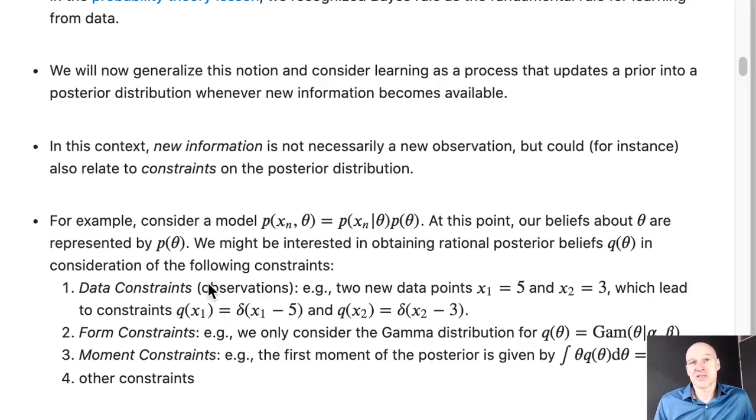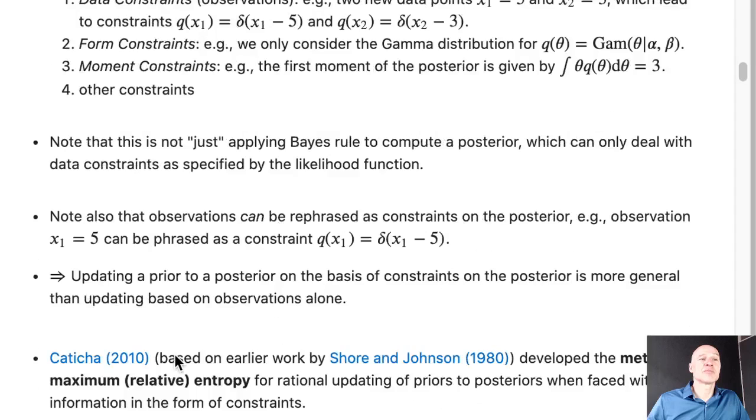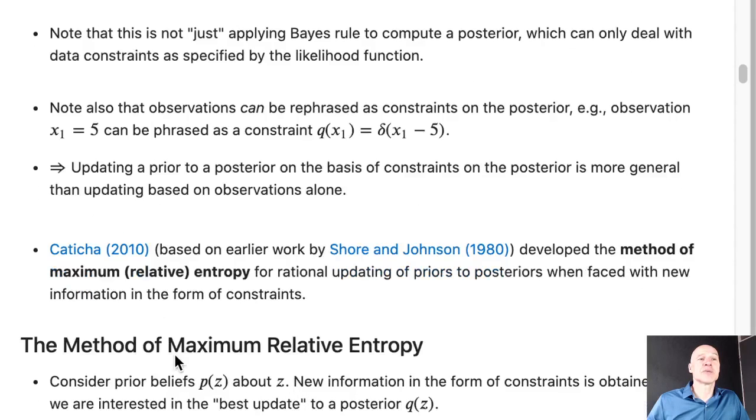But Bayes' rule doesn't know how to go about it if I have other constraints. And the framework that we're going to talk about will accommodate that.